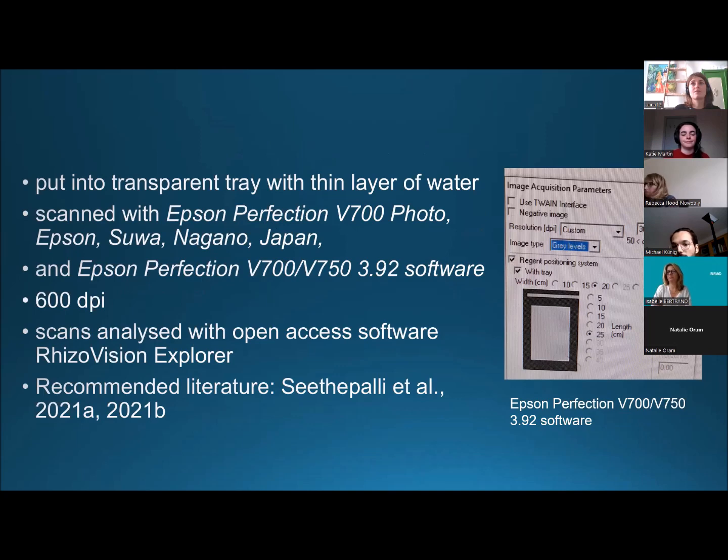It's just important that there's enough space to put a plastic tray into the scanner, so that there's enough space for the water and the roots, and of course for safety issues. Then we use the software that comes with this scanner, and we scanned the roots at 600 dpi.